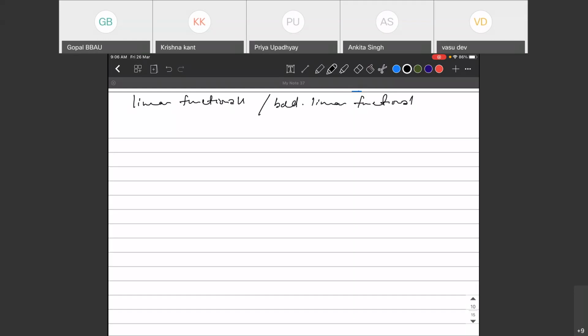But what we have not yet seen is the existence of a linear functional on a normed linear space.